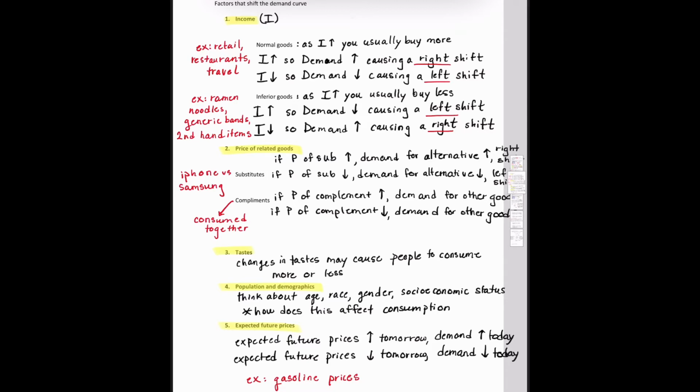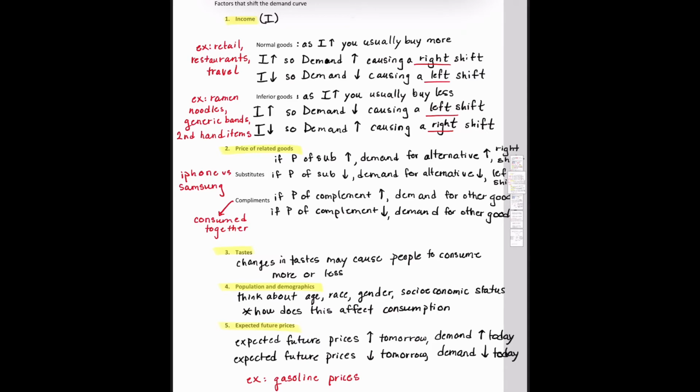Changes in income from a consumer perspective. So when we're analyzing changes in income and how that affects demand, we first need to identify whether a good is a normal good or an inferior good. A normal good is something where when you have more income, you usually consume more, while an inferior good is one which you consume less of as your income rises.